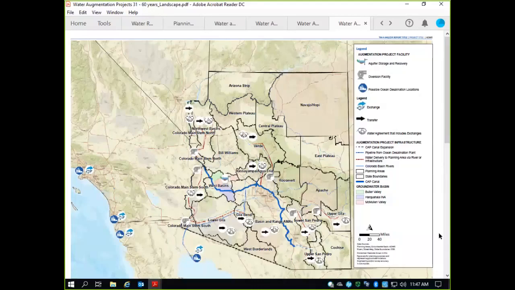So it makes sense to me to focus our energies more on further definition where we can. I don't think we can get real specific in any planning area to deal with locations of a particular augmentation project.